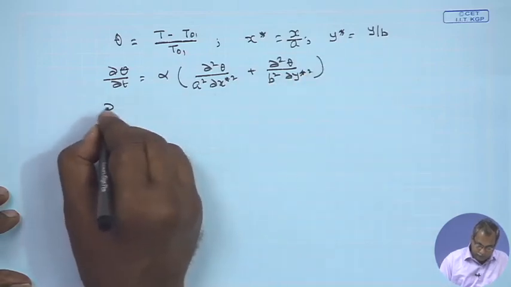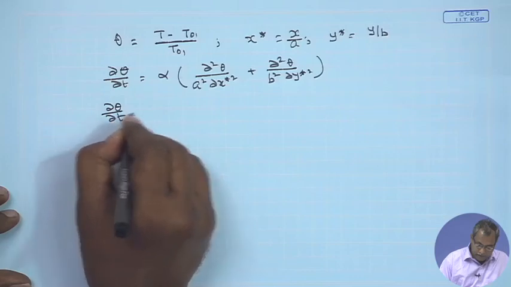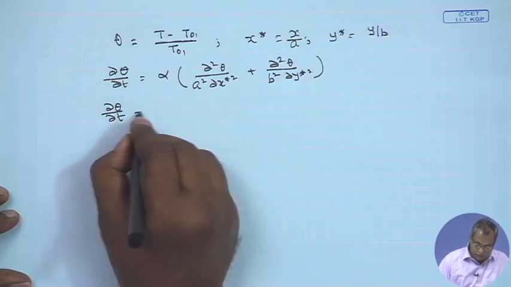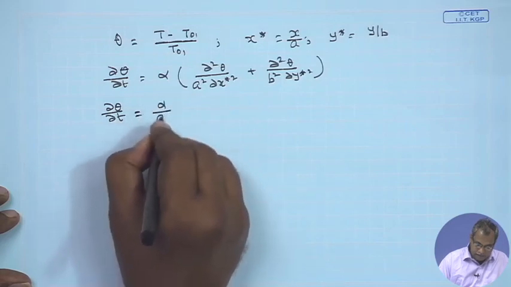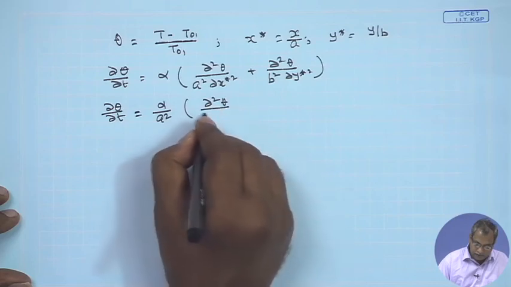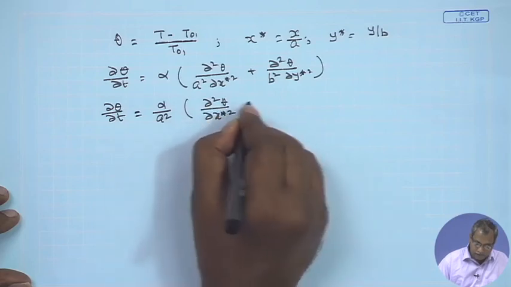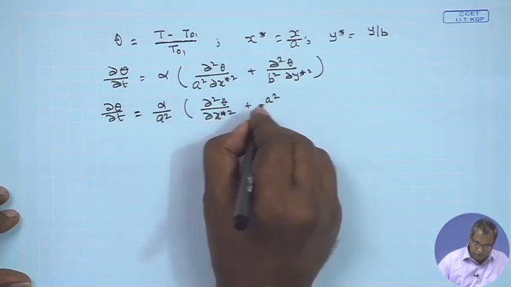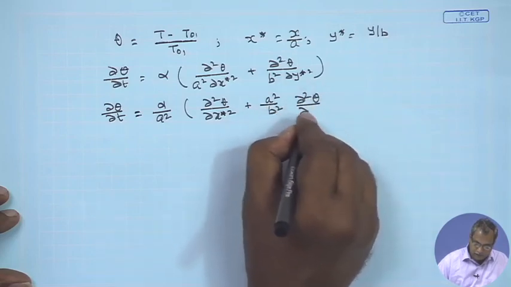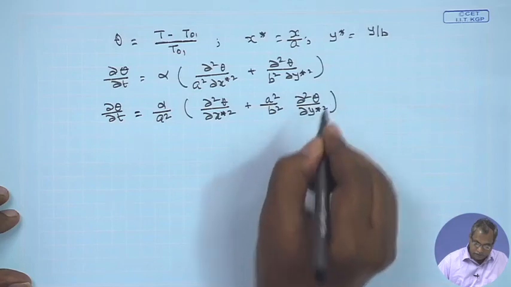We take alpha a square outside: alpha a square del square theta del x star square plus a square by b square del square theta del y star square.